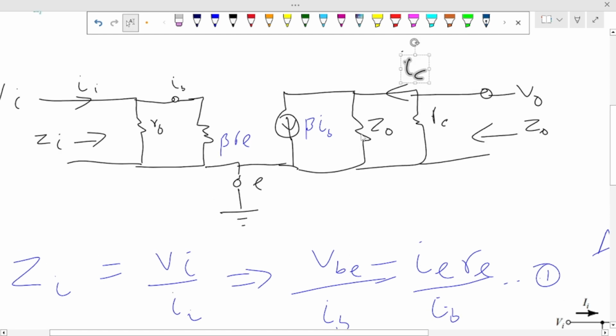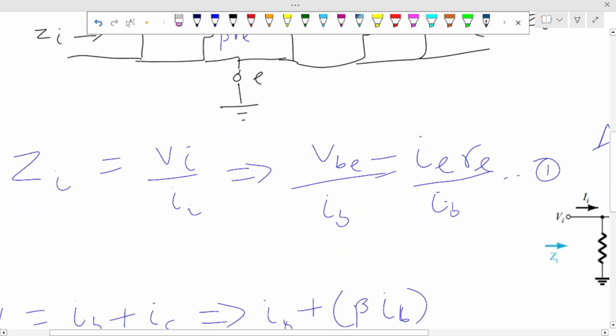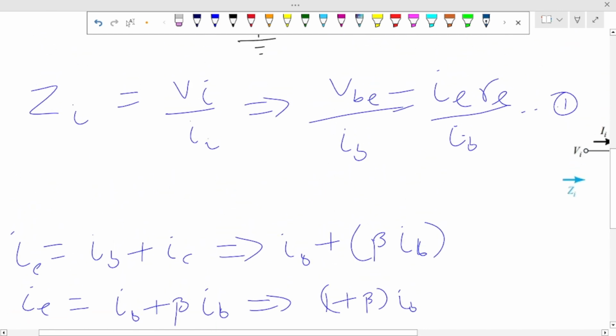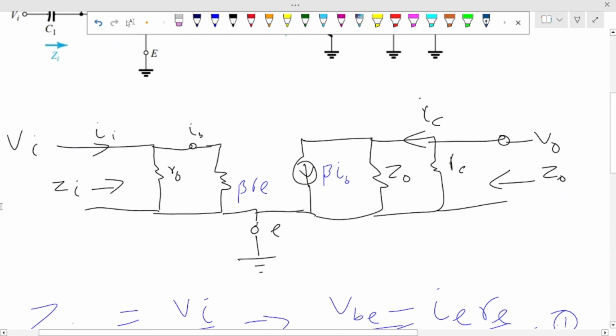Now, one thing to note. The first time I just drew this thing like a basic approach, and then we began to place what is supposed to be there based on calculation and basic understanding. Now, what we are going to add again or take out is this right here. Why?